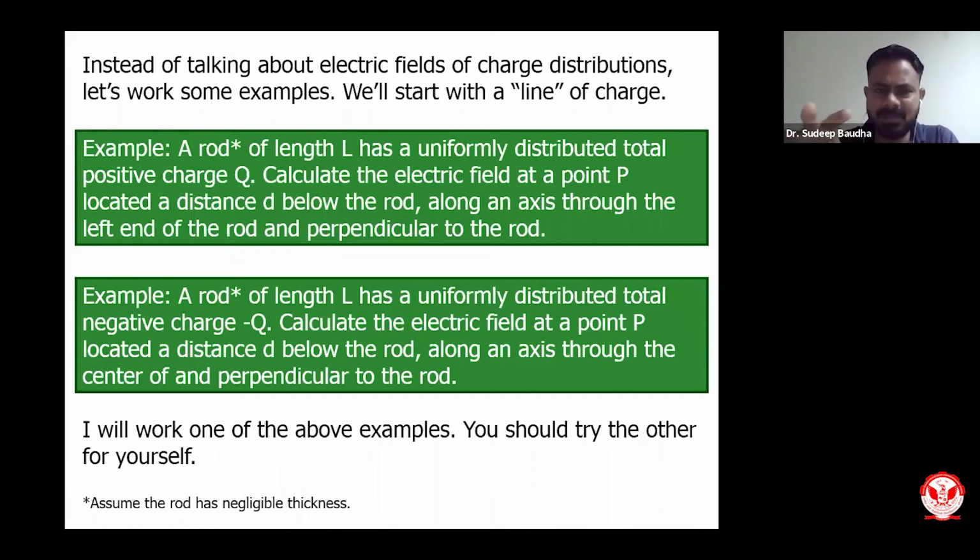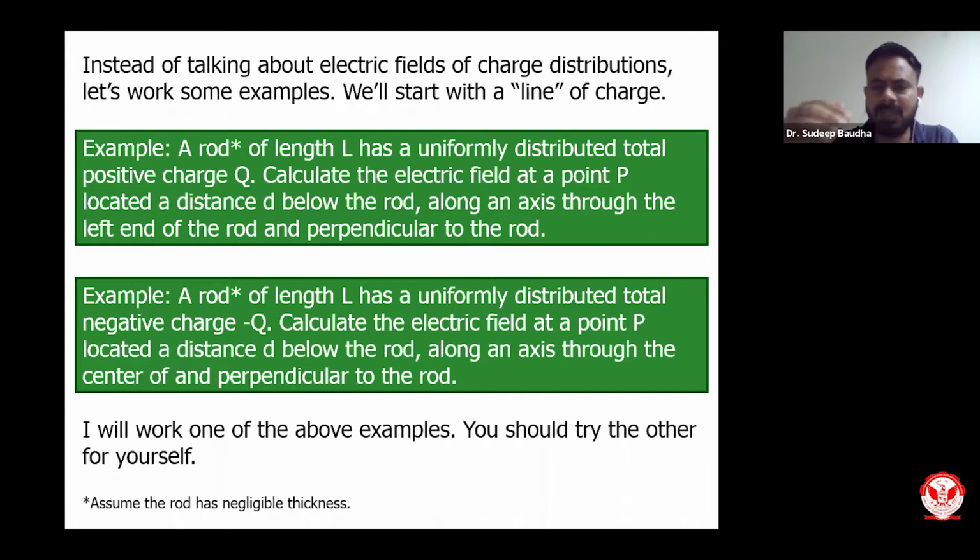First example says I have a rod of length L which has a uniformly distributed total positive charge Q. We have to calculate the electric field at a point P located at a distance D below the rod along an axis to the left end of the rod and perpendicular to the rod.